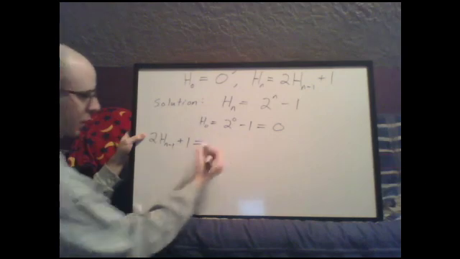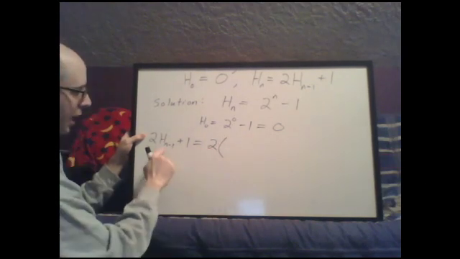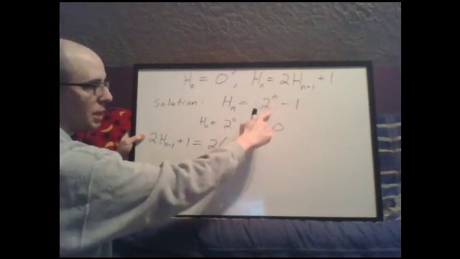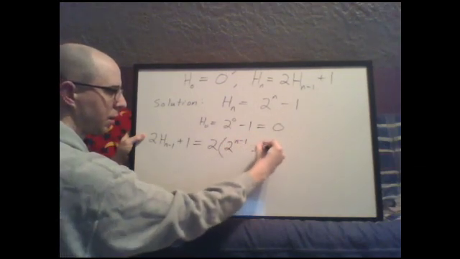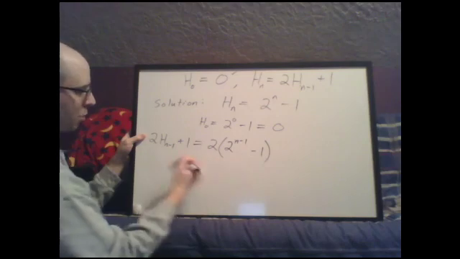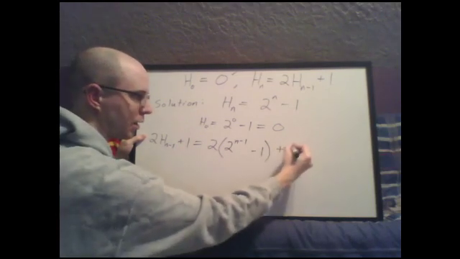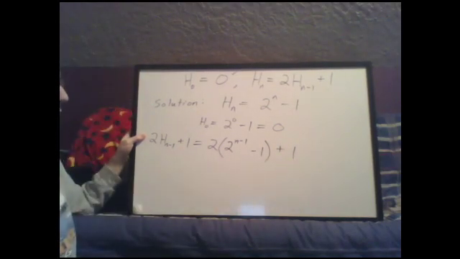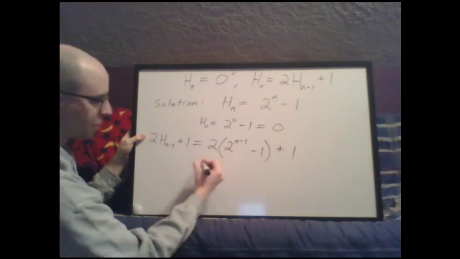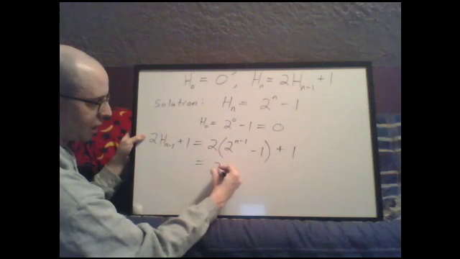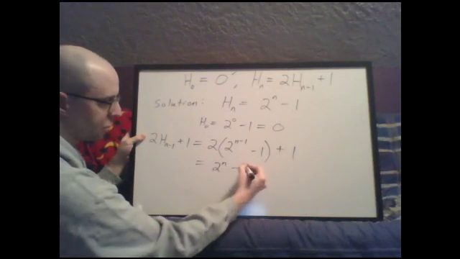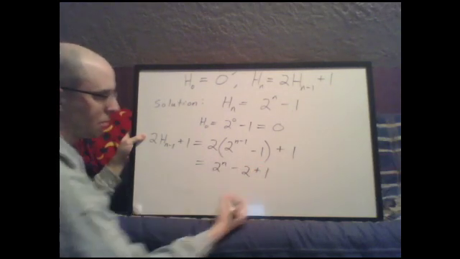We already have a 2 here. Hn minus 1 is this with n minus 1 plugged in. So there's Hn minus 1, and I've got plus 1 after that. Now if we simplify this, distribute that 2, we've got 2 to the n minus 2, and then plus 1.